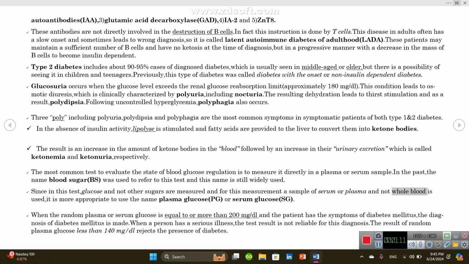The main part is RBCs, white BCs, and platelets, and the second part is plasma or serum. It is more appropriate to use the name plasma glucose, PG, or serum glucose, SG. Okay, so you see FBS in the checkup result paper more than FPG because FBS is much more common.